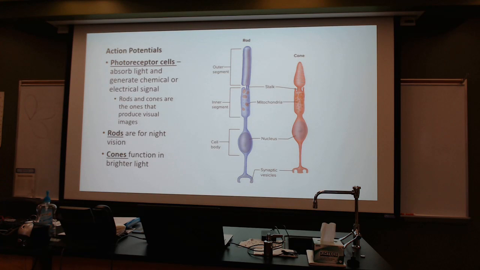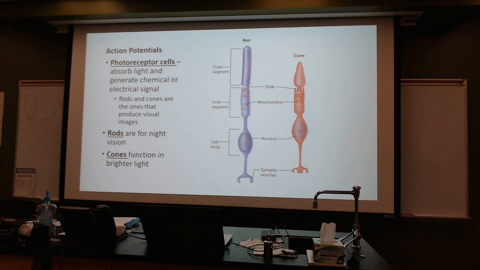The cells that are going to be responsible for the action potentials that are going to pass along the optic nerve, these are our photoreceptor cells, because they have light energy coming to them.